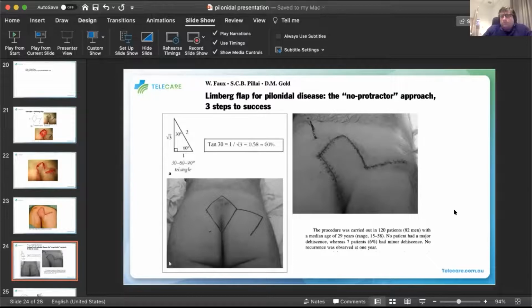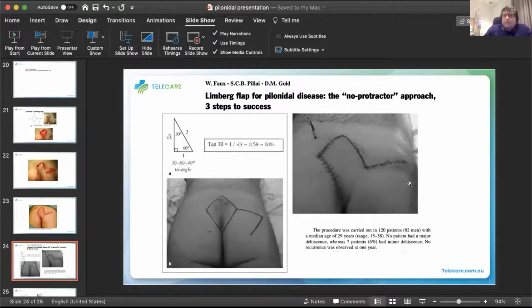But that technique's been validated in reasonably large patient cohorts. This was published some time ago in the DCR by a group in the UK, but one of the authors works in Sydney now. And in 120 patients, no patient had a major flap complication and 6 had minor flap complications.